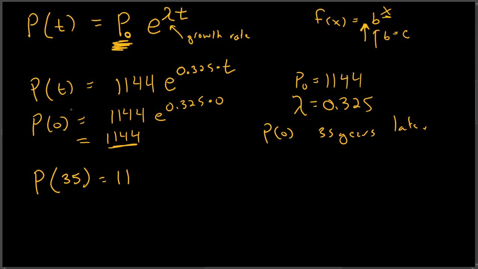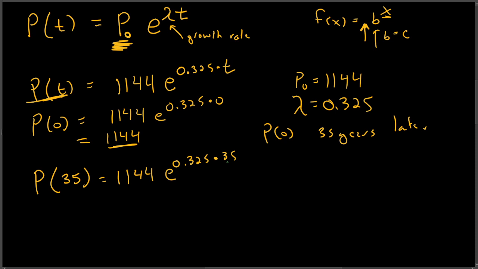So I take my initial model here, and I get e to the 0.325 times 35. And again, I'm going to jump on my calculator here. I always double check my work. And let's see, so I'm going to have 1,144 times e, which is on my calculator by the ln key. And that's going to be 0.325 times 35 in the exponent.